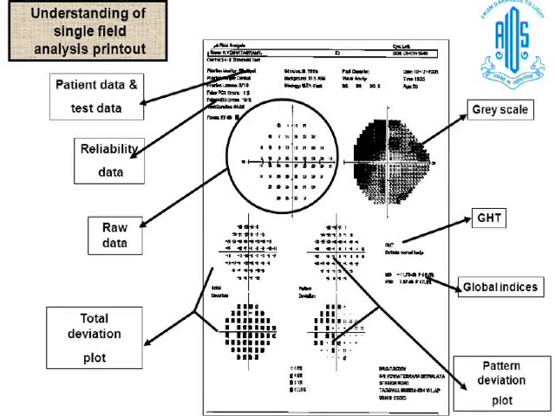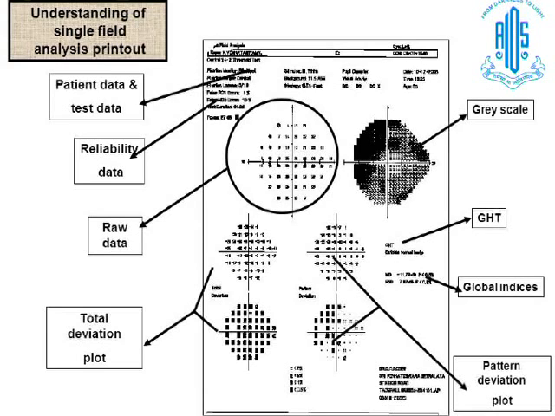The patient data is what we feed to the computer: the name of the patient, age of the patient, the visual acuity, and the visual field correction for near vision. Visual acuity is very, very important. For evaluation, we have to correlate the visual acuity and the foveal sensitivity.